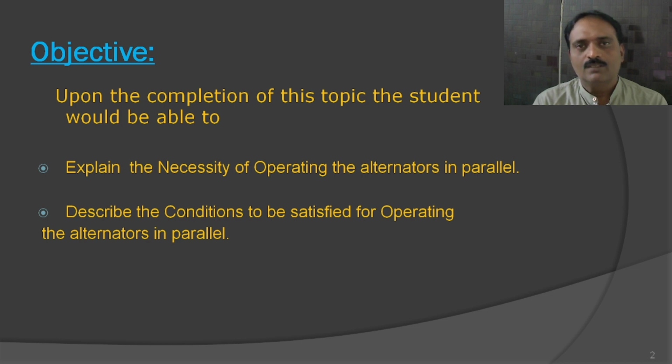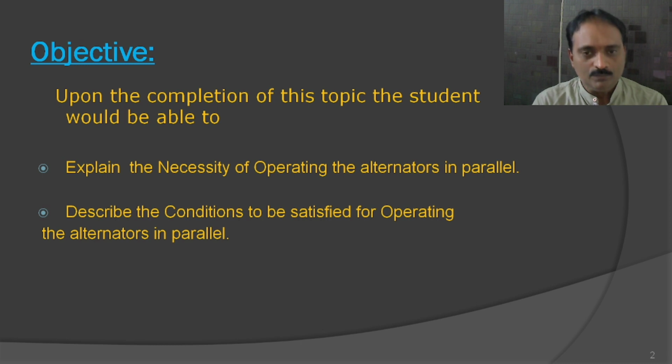The voltage of the incoming machine should be the same as that of the bus bars, and the frequency is one of the important parameters which is to be the same as that of the bus bars. If the bus bars have a frequency of 50 Hz, the incoming machine also should have the same frequency. So these conditions are a must for parallel operation of alternators.